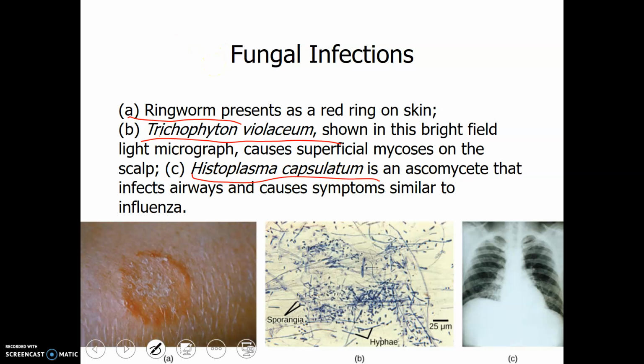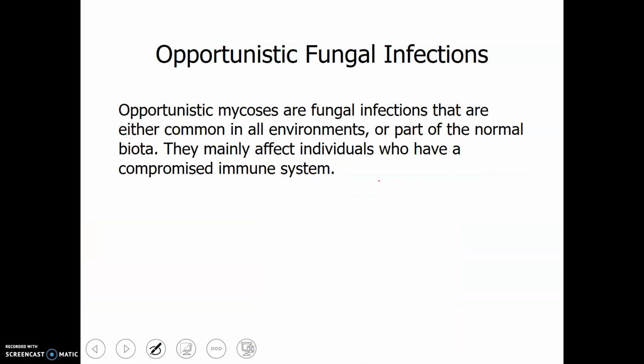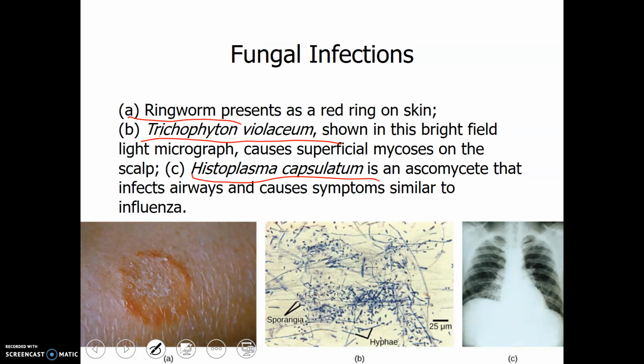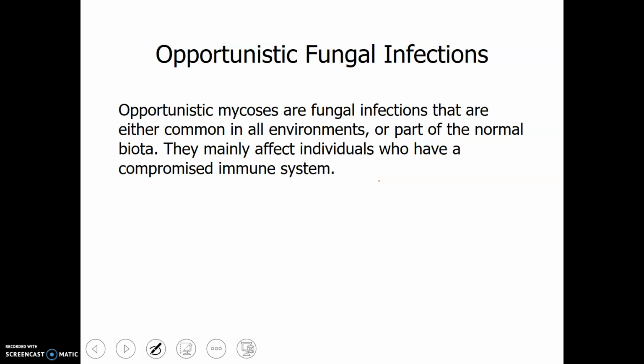So these are just three different types of fungal infections. There's also, which is not listed here, yeast infections, which are fungal infections. That can be like thrush, which is a yeast infection in the mouth that babies get a lot, or it can be yeast infections in the genital region.